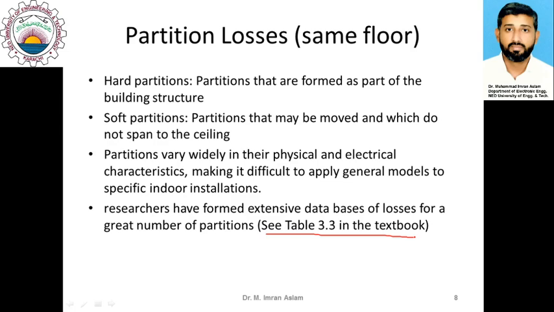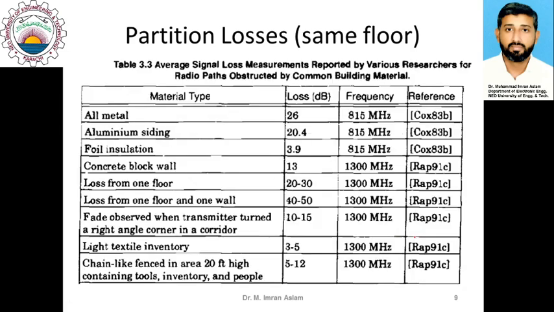Let me show you a small portion of table 3.3. This one is not the complete table. If you go to the book, you would see that it's a long table where different types of materials and their corresponding losses have been discussed. But in order to give an overview, I just picked a small portion of that table.